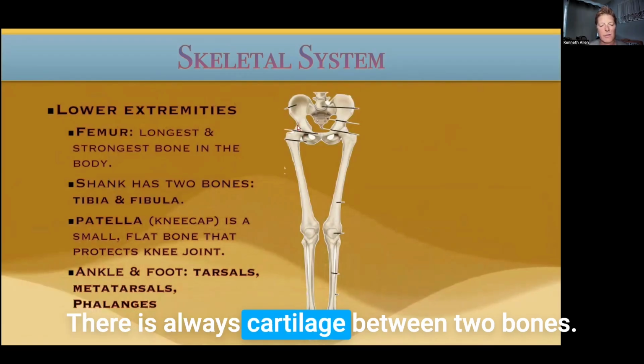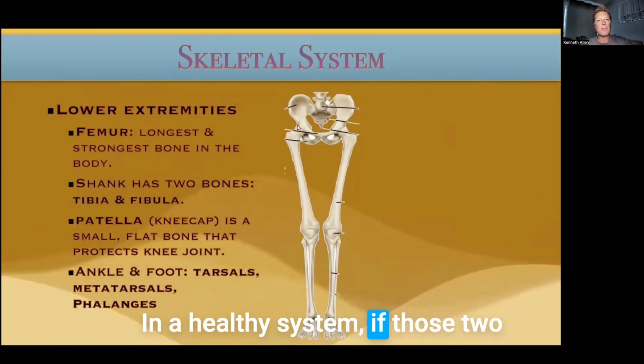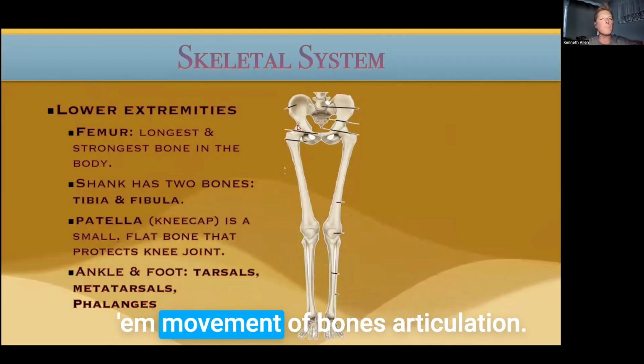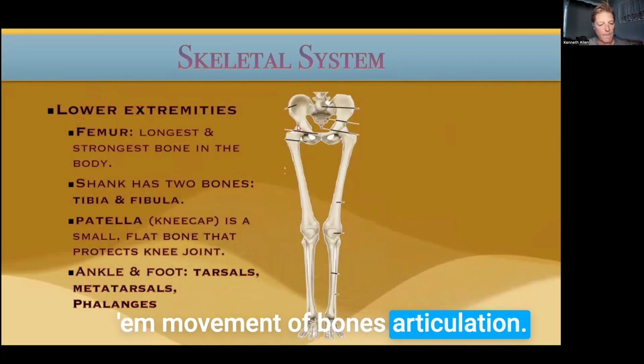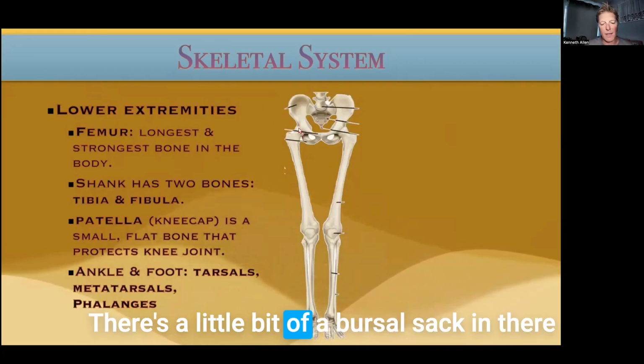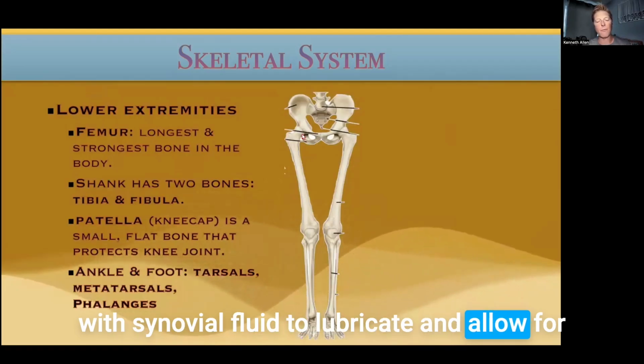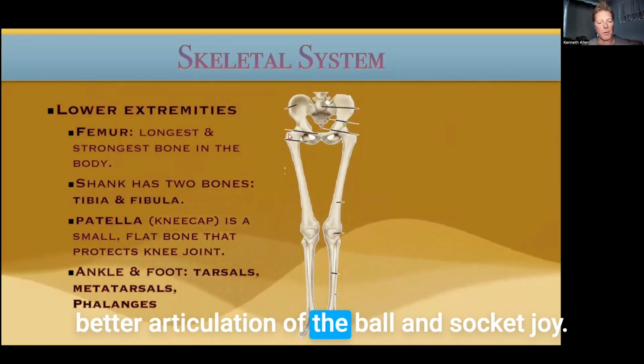There is always cartilage between 2 bones in a healthy system if those 2 bones are meant to move. We call movement of bones articulation. There's a little bit of a bursal sac in there with synovial fluid to lubricate and allow for better articulation of the ball and socket joint.